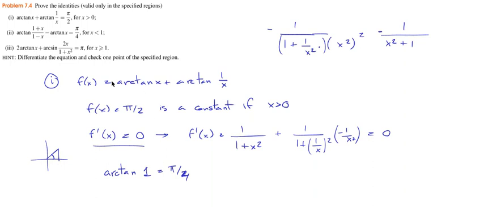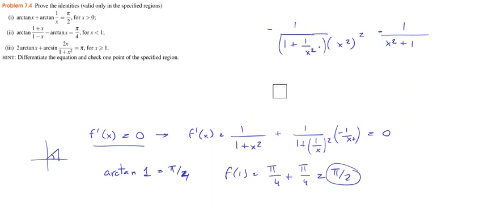Now f of 1 is the arctangent of 1, pi over 4, plus the arctangent of 1 over 1, which is pi over 4. So this is pi over 2. Now let's see if we can do the rest.